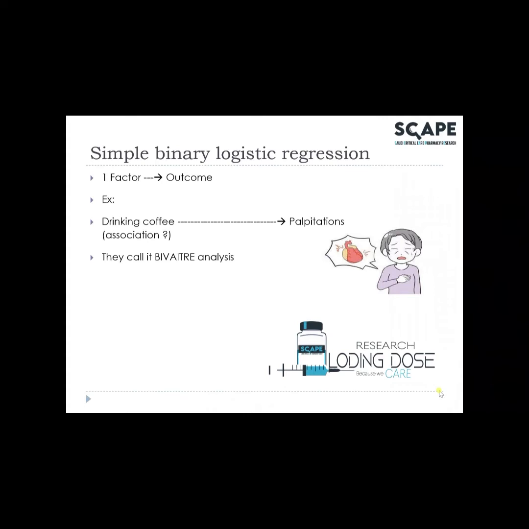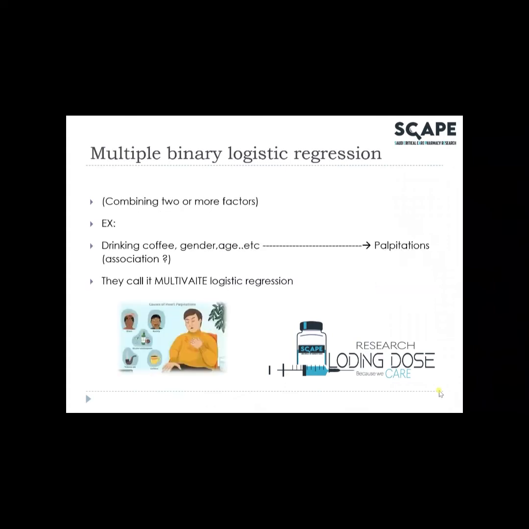In this example, we will see whether drinking coffee is associated with palpitations, and this will be a bivariate analysis. Multiple binary logistic regression is when we combine two or more factors, for example drinking coffee, gender, and age, and ask whether they are associated with palpitations. In this case it is called multivariate binary logistic regression.